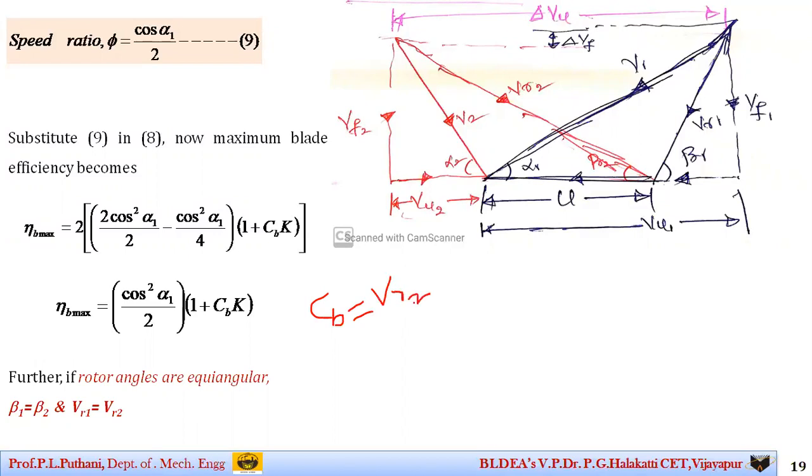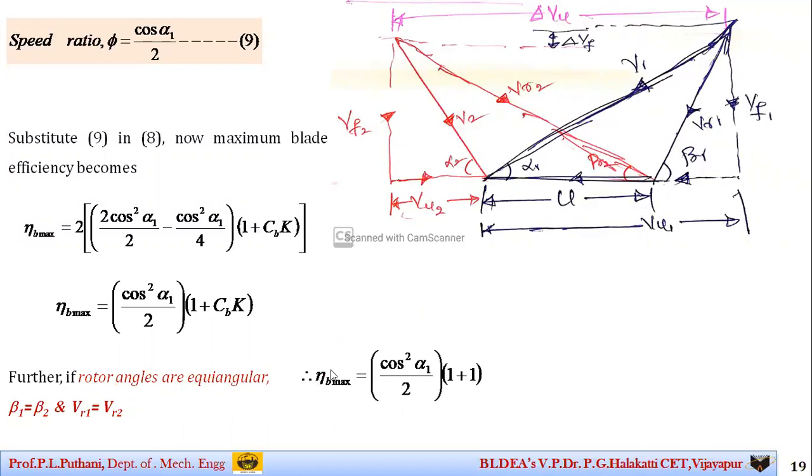Similarly, K is also equal to 1. So I can write eta b maximum is equal to cos square alpha 1 by 2 into 1 plus 1, or it is cos square alpha 1. This is the condition for maximum blade efficiency of a single stage impulse turbine.